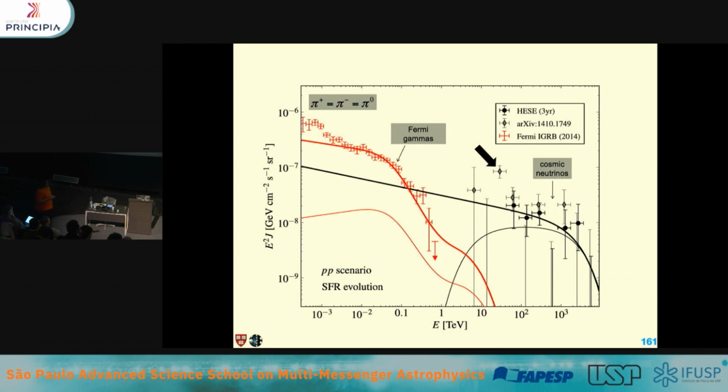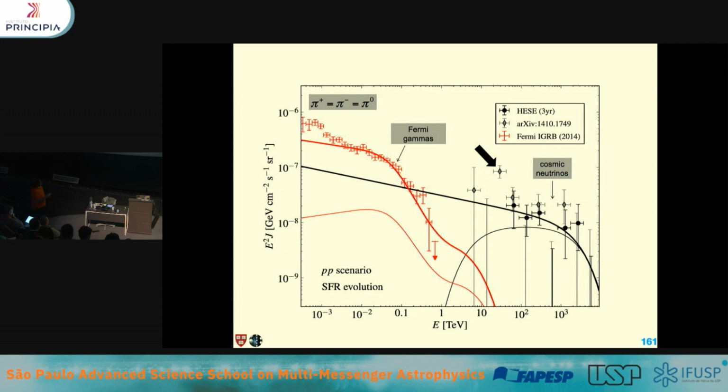And then you can compute, if you assume that there are equal amounts of pi zeros, neutral pions, and you assume that your sources are transparent to those pions, then you can compute the expected gamma rays that you should observe. And so that gives you this red line here.